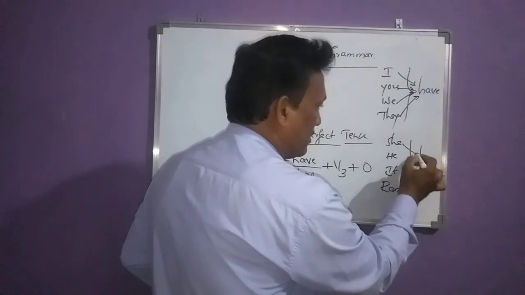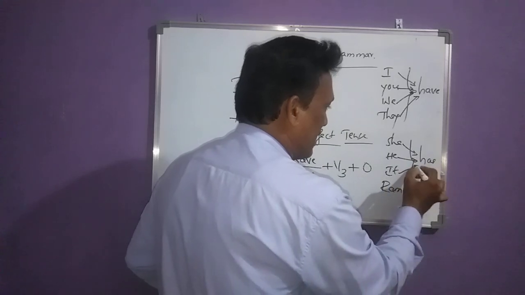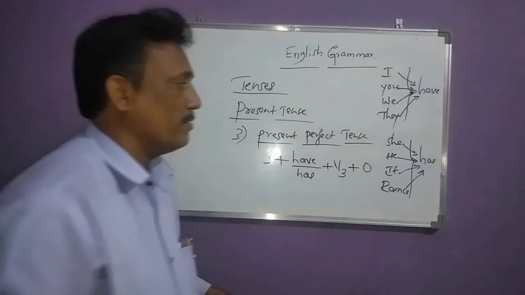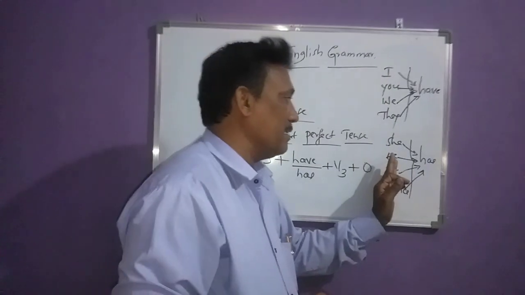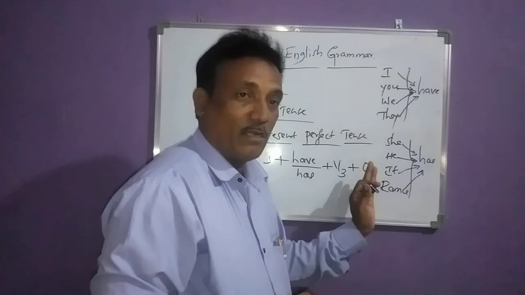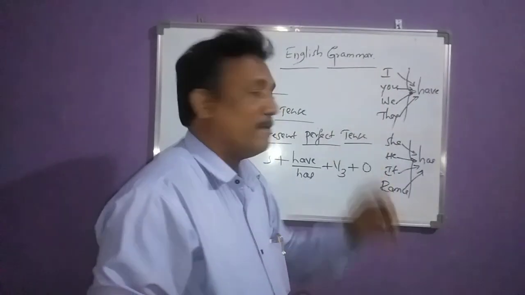So in these cases you use has. For example, she has, he has, it has, Ramu has. Has is used when there is a third person. She, he, it, Ramu are third person, while I, you, we, they are first person.